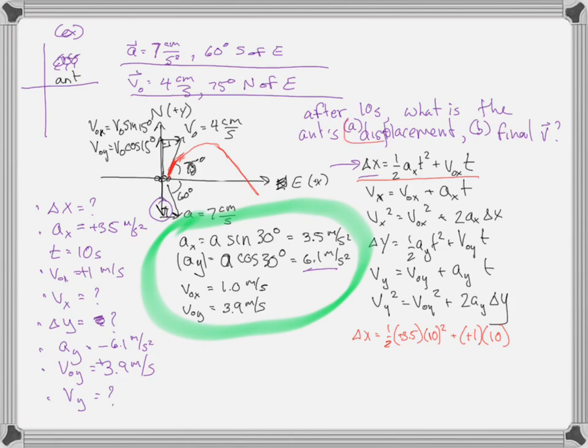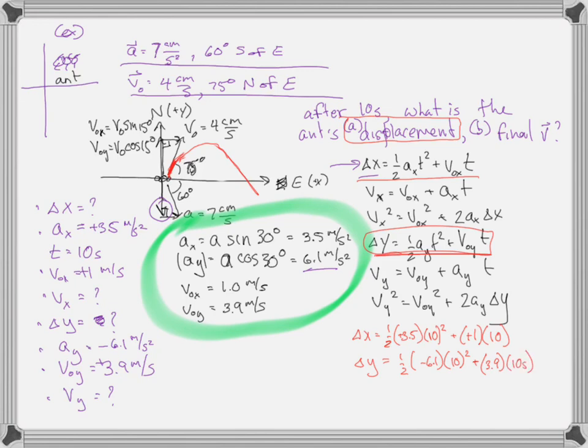Let's just be careful. What are we looking for? We're looking for displacement. Displacement is delta x and delta y, right? That's going to be the net displacement. It's going to have an x component and a y component. So I'm just going to go ahead and write the y equation. Delta y equals 1/2 a sub y, which is minus 6.1 meters per second squared, times 10 seconds squared, plus v0y, 3.9, times 10 seconds.